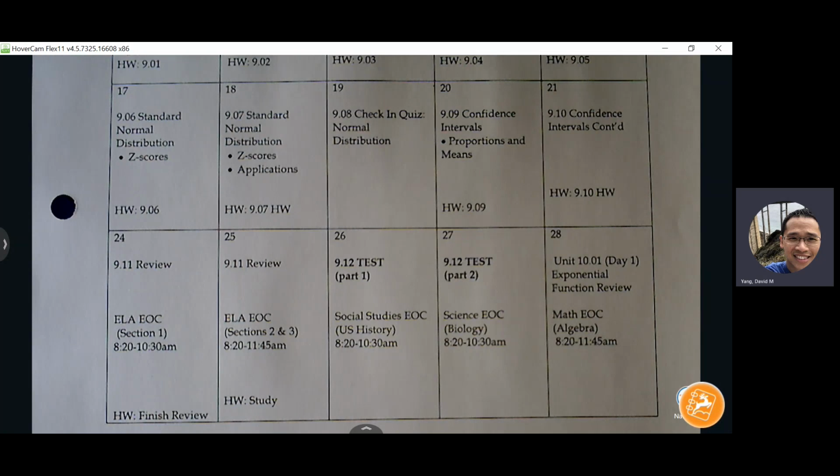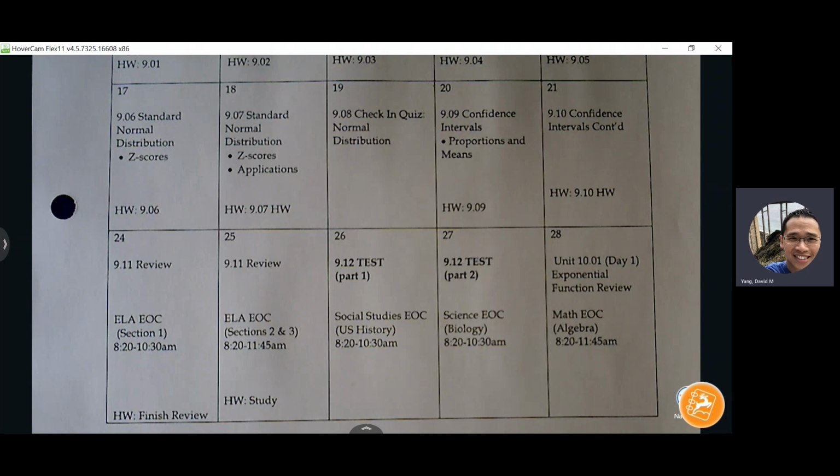Would those days be like half days? Yeah, so all these days will be half days. Oh, sorry, not half days, in the sense that if you don't have the EOC, you don't have to show up until 10:30 or 11:45. But every day is still going to go until 3:30.